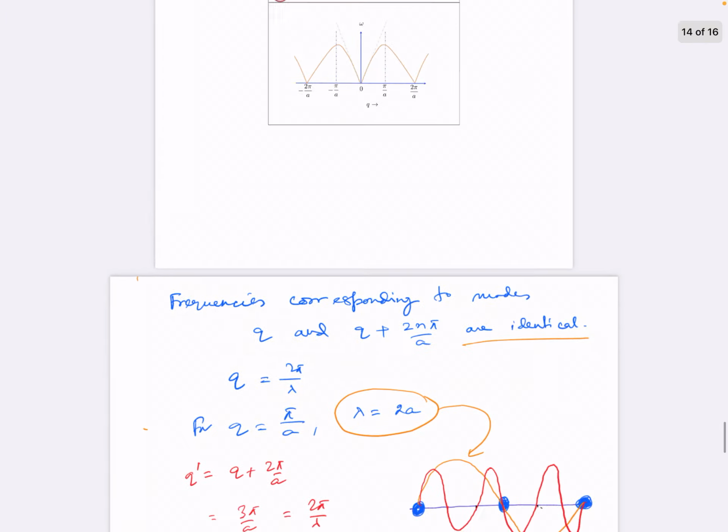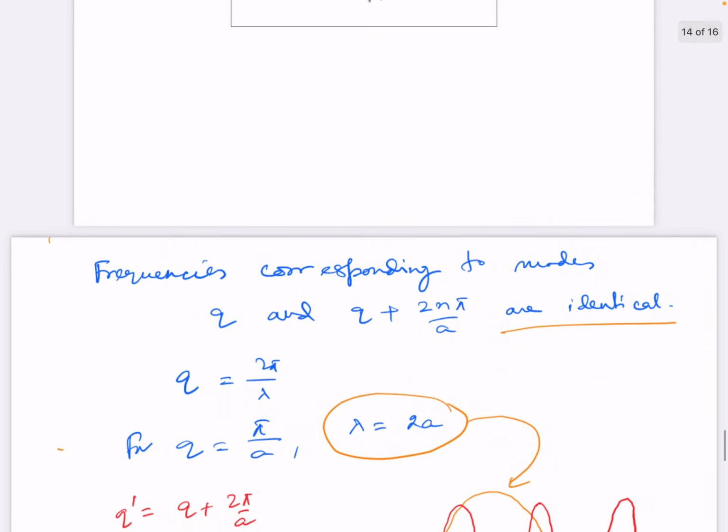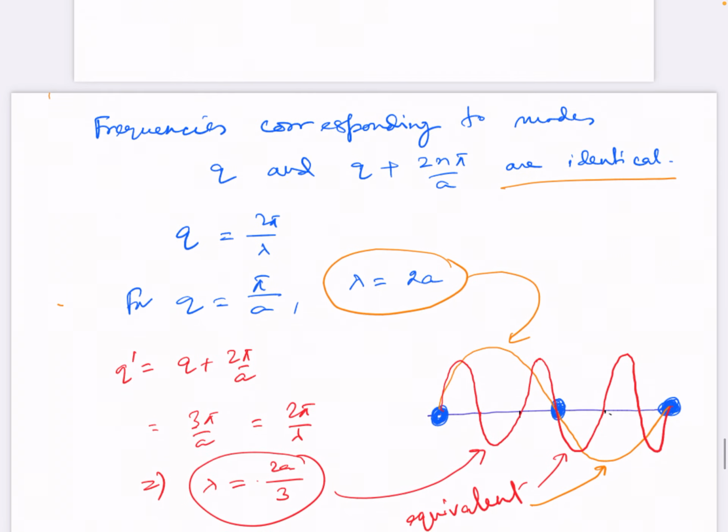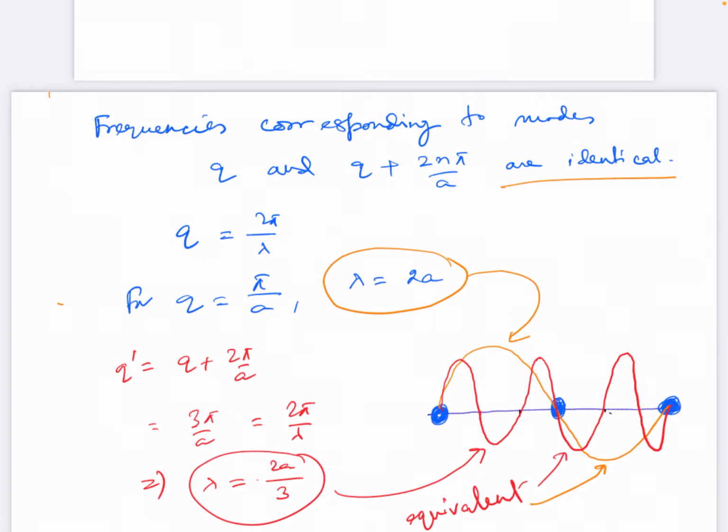Okay, so now let me show the other aspect of what we get from this curve. Frequencies corresponding to modes q and q plus 2n pi by a are identical.